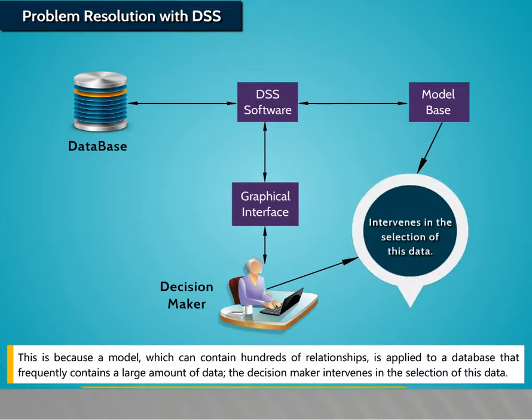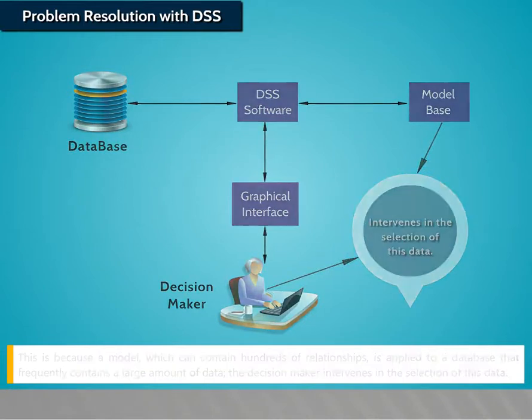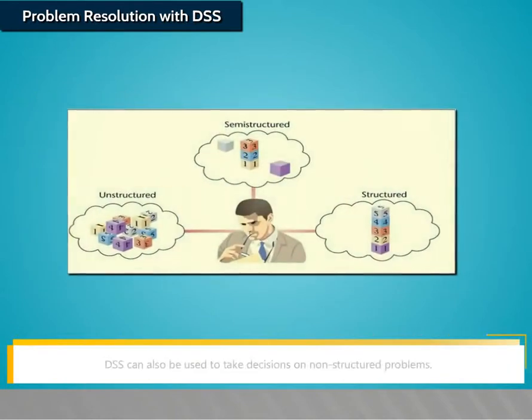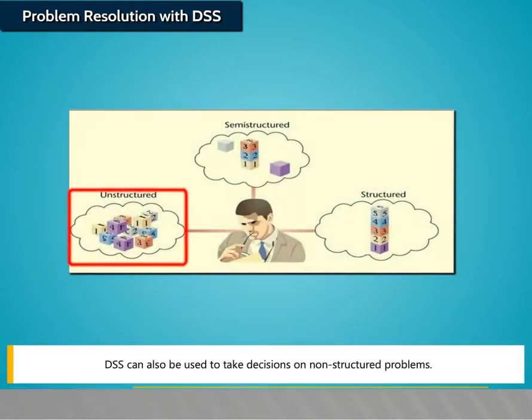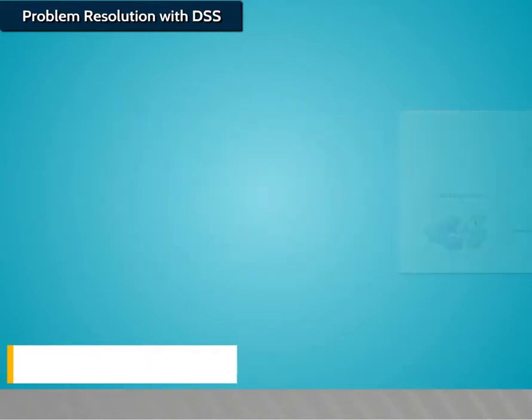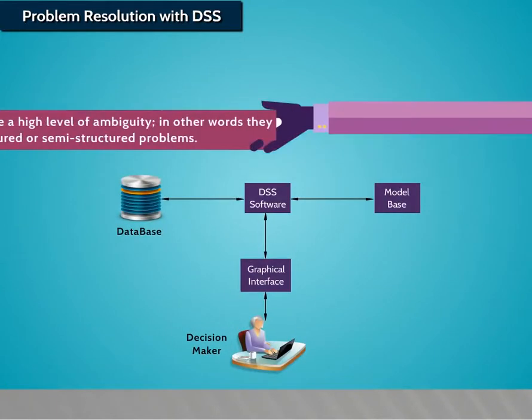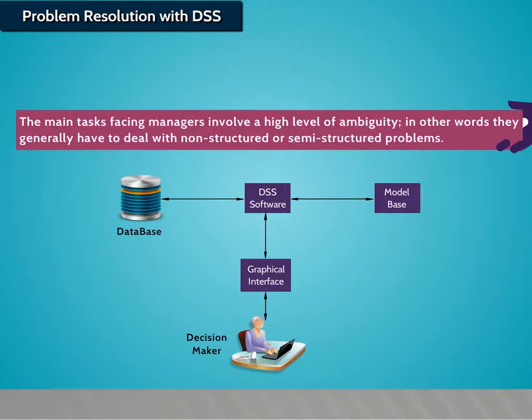The decision maker intervenes in the selection of this data. DSS can also be used to take decisions on non-structured problems. The main tasks facing managers involve a high level of ambiguity. In other words, they generally have to deal with non-structured or semi-structured problems.